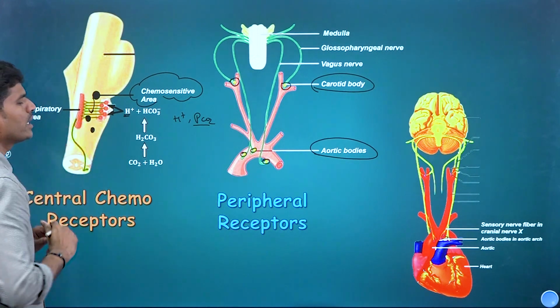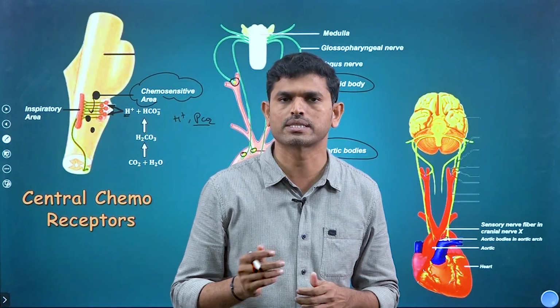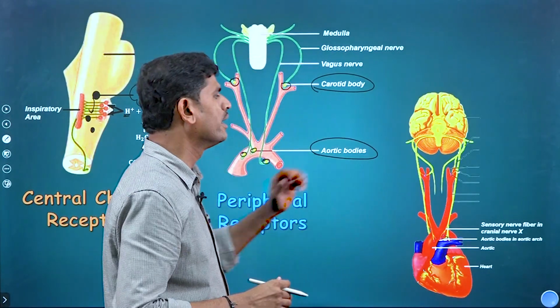The inspiratory area takes the necessary adjustments or actions to regulate respiration. So this is the chemical regulation.